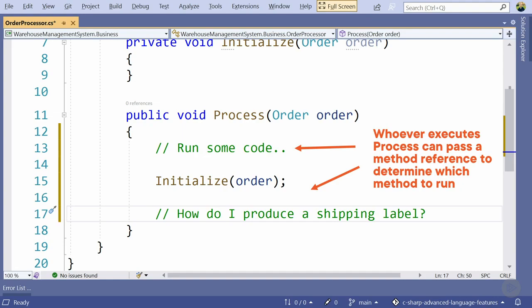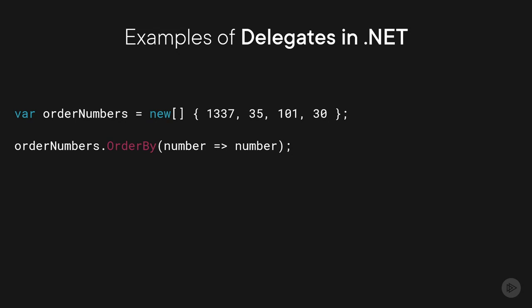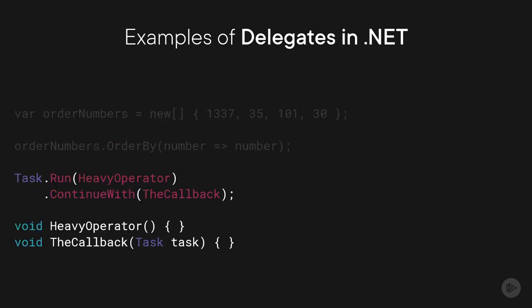You will notice that some libraries in .NET, as well as some that you install from NuGet, will provide you with the capability to inject functionality. Some even depend on it. This could be everything from determining sort order when sorting an array of elements to callbacks.